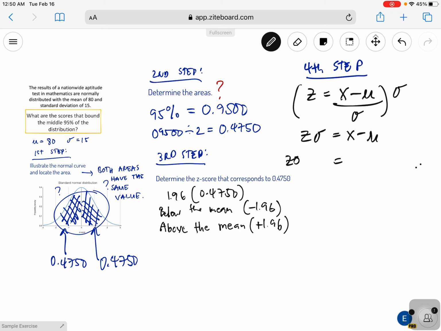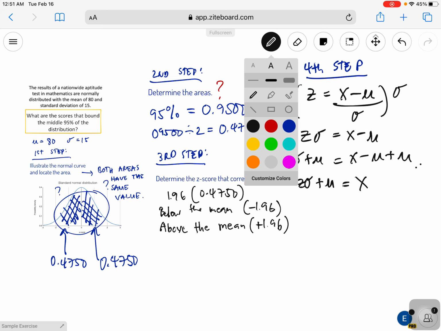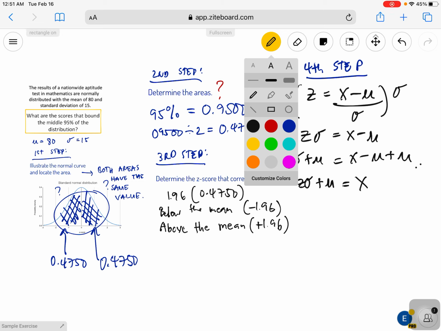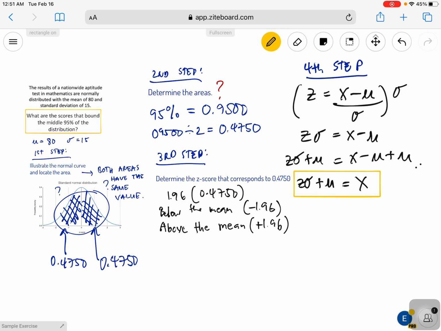So z times sigma plus mu is equal to x minus mu plus mu. So this is equal to z times sigma plus mu is equal to x. Okay, this is now our working equation for us to be able to determine the raw score.